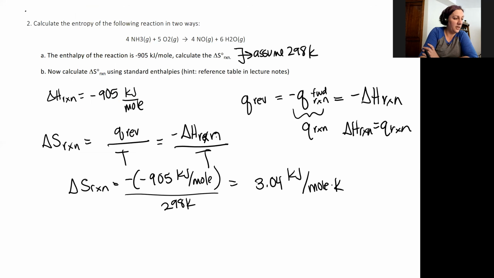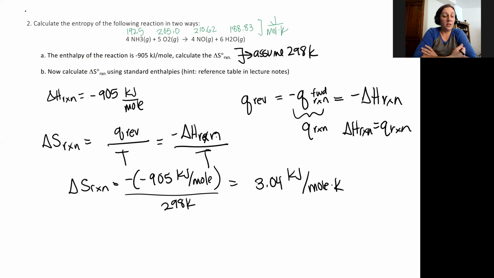For ammonia, let me look it up, it's 192.5. For oxygen, it is 205.0. For NO, it is 210.62. And for water, it's 188.83. And the units here are all in joules per mole Kelvin.